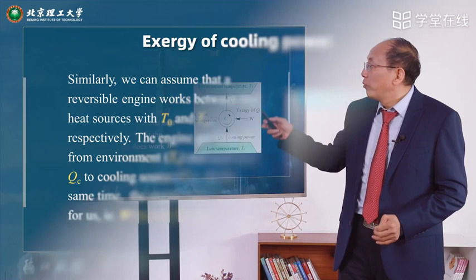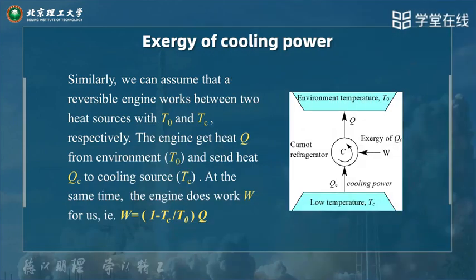Similarly, we can assume that a reversible engine works between two heat sources with T0 and Tc respectively. The engine gets the heat Q from the environment T0 and sends the heat energy Qc to the cooling source Tc.